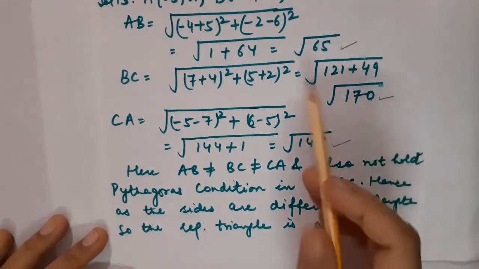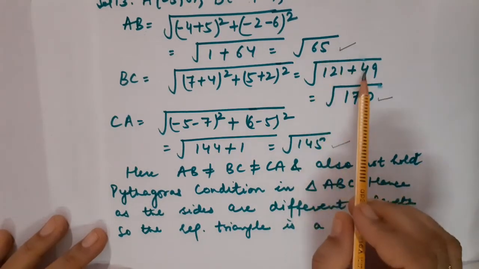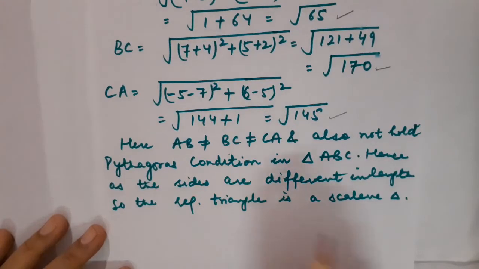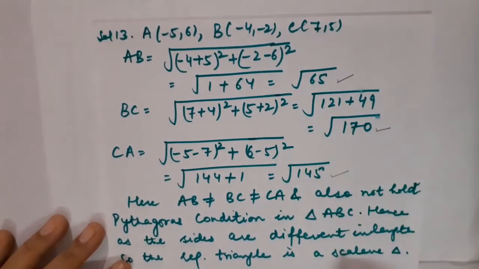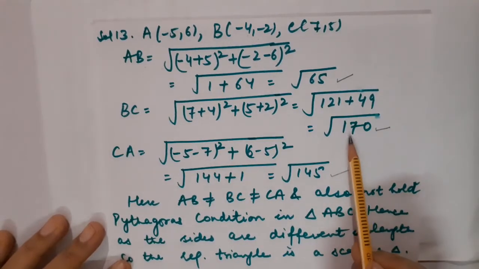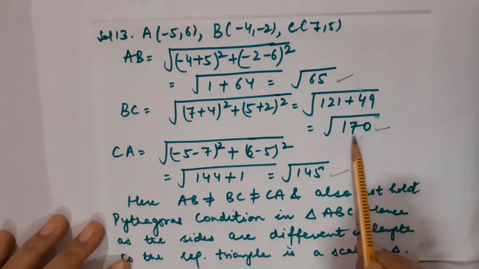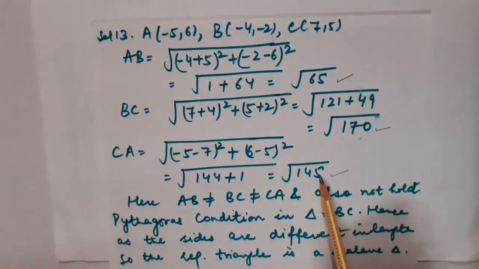Here you can see that the lengths of all the 3 sides are different. Correct? And moreover, children, they do not satisfy the Pythagoras theorem either. For example, if I take the square of root 170, that will not be equal to the sum of the squares of root 65 and root 145.